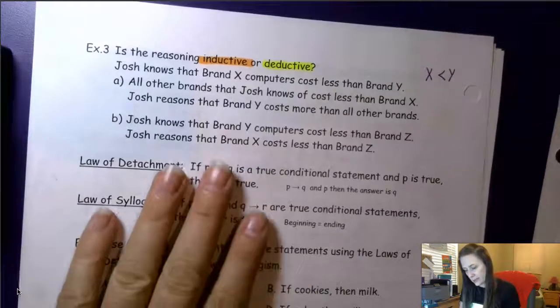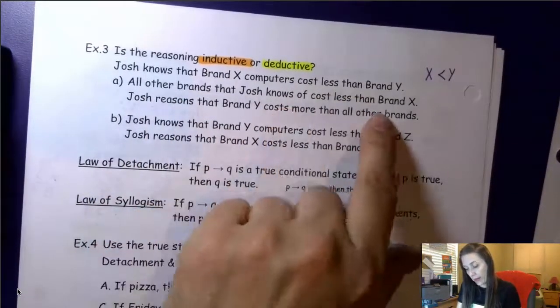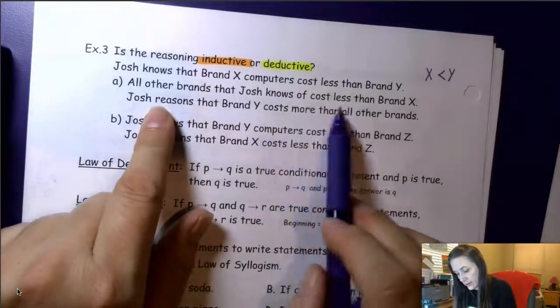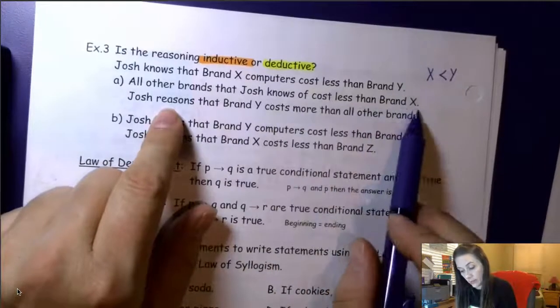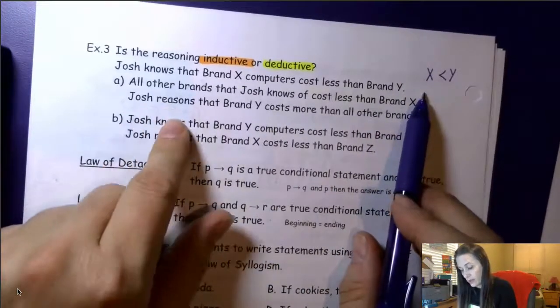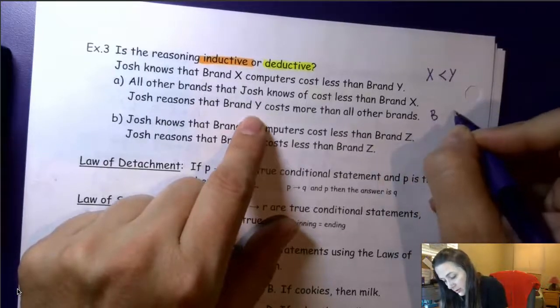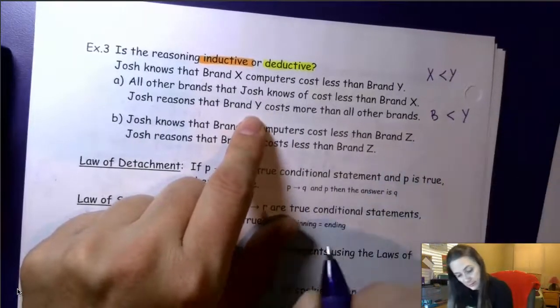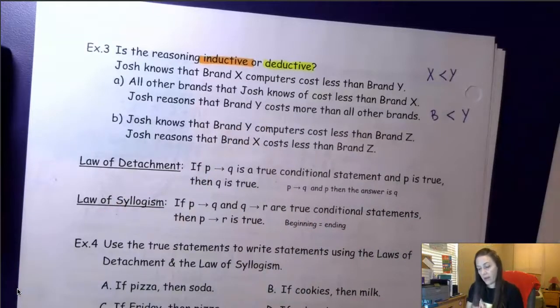And then he reasons that brand X, he knows the cost, all other brands that Josh knows of cost less than brand X. So then Josh reasons that brand Y has to also cost more than all other brands. Okay? Now, what kind of reasoning was that? Was that inductive or deductive reasoning, and why? What word would you have picked here?